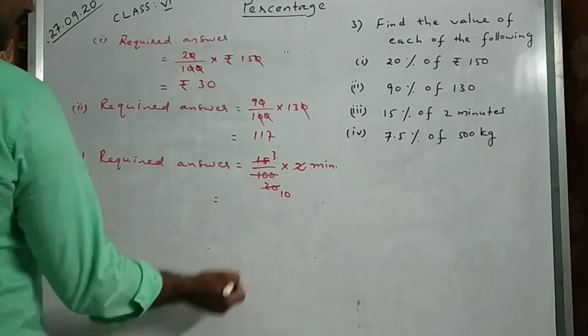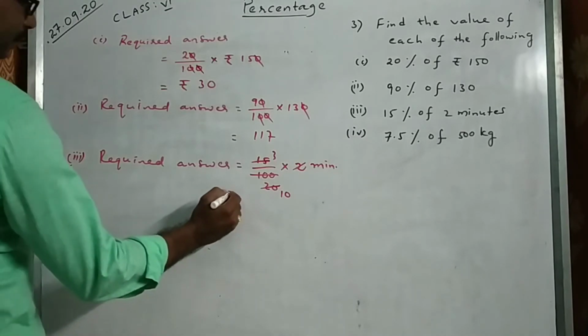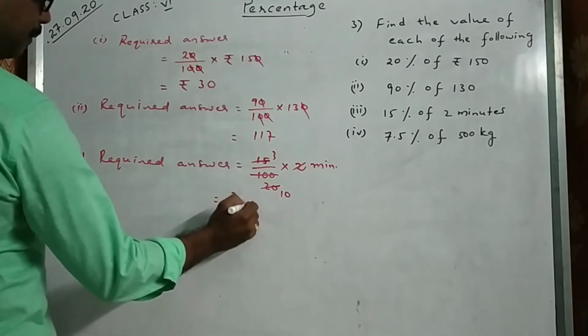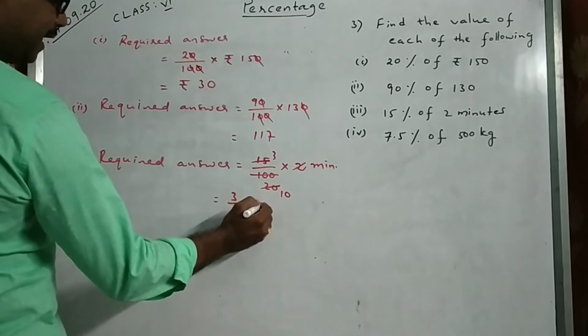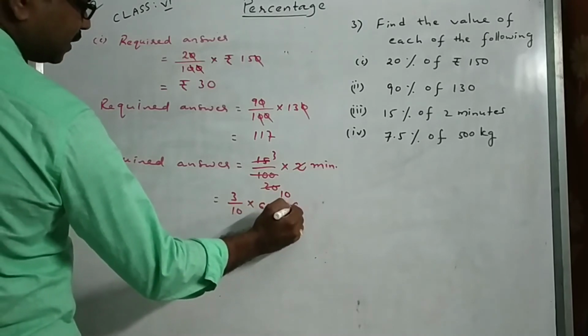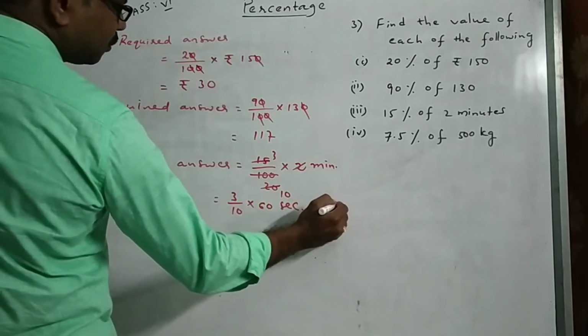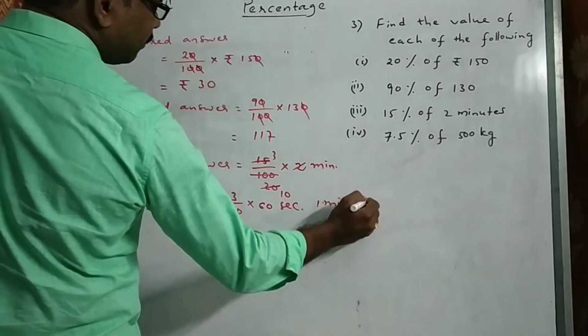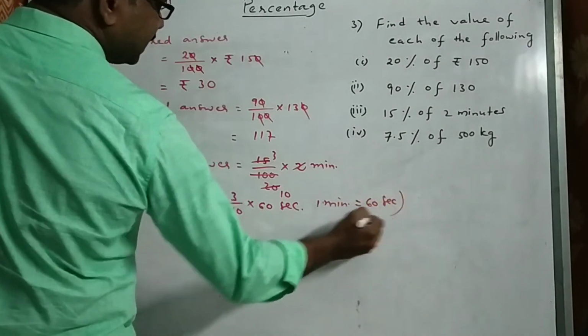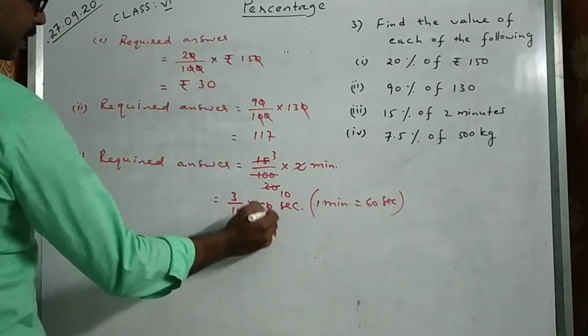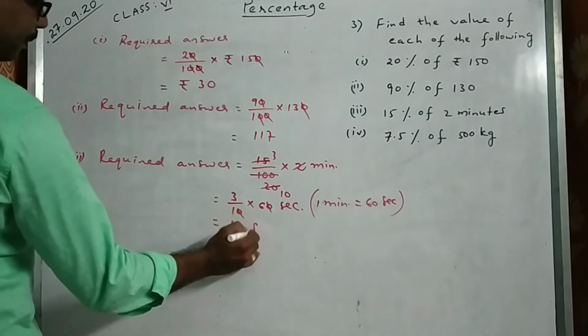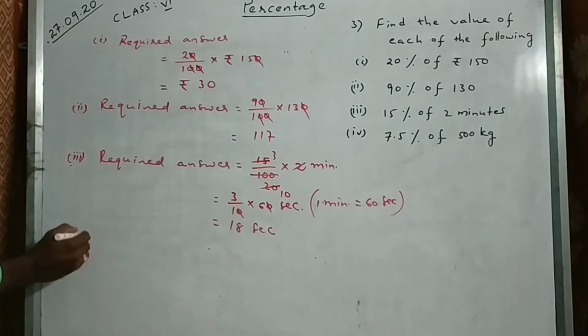So 3 by 10 minutes. 1 minute means how much? 60 seconds. 1 minute equals 60 seconds. 0 0 gets cancelled. 6 3s are 18 seconds. Okay. You can change it, no problem.